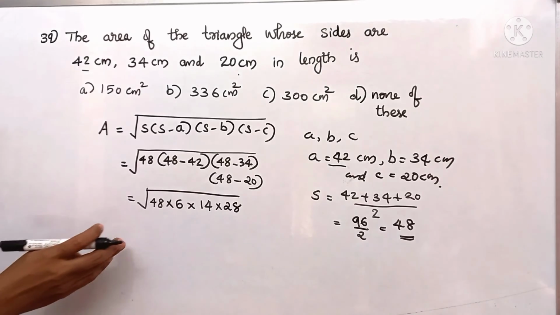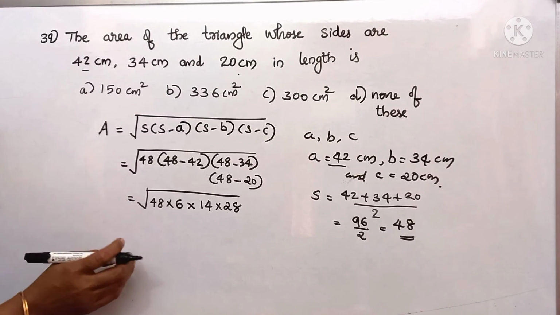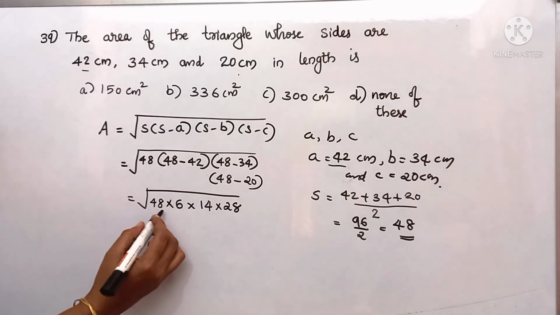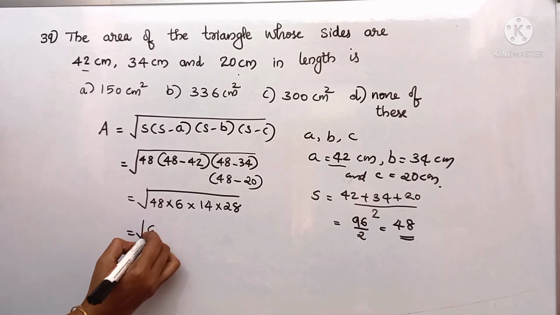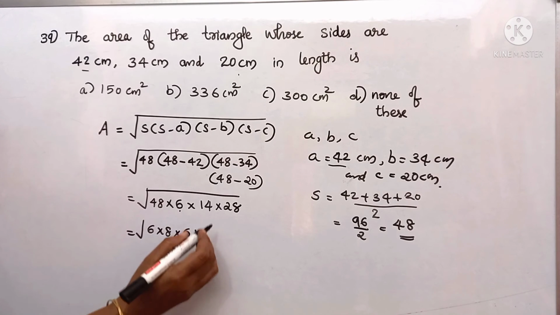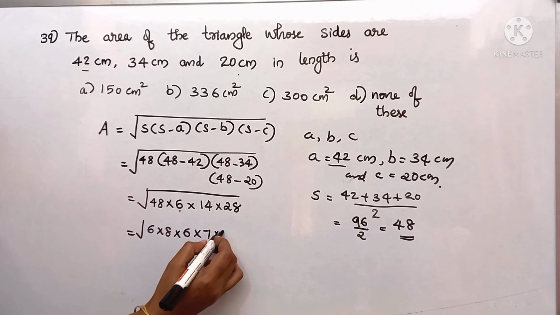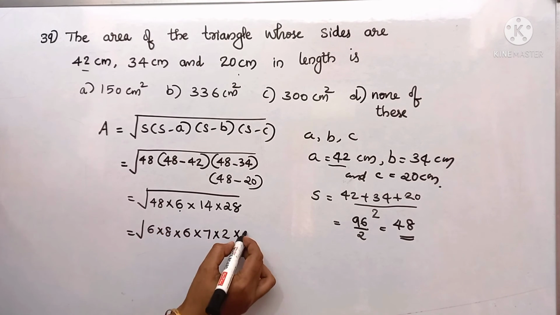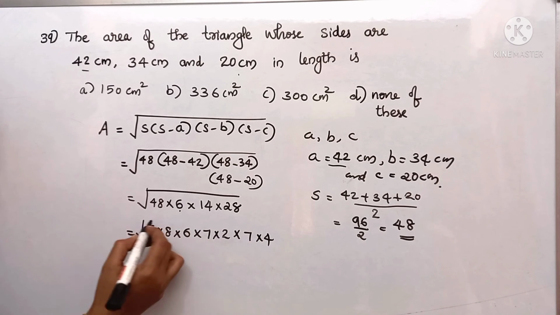Then finding this square root is very difficult. We can find it very easily if we factorize. 48 we can write as 6 into 8. Then here 14 we can write as 7 into 2. And 28 we can write as 7 into 4.